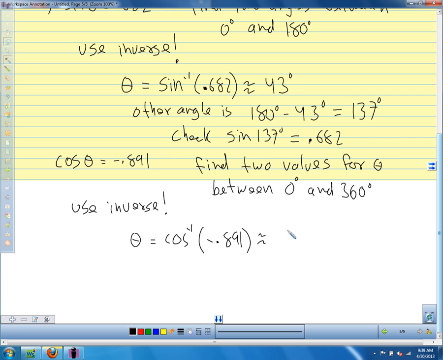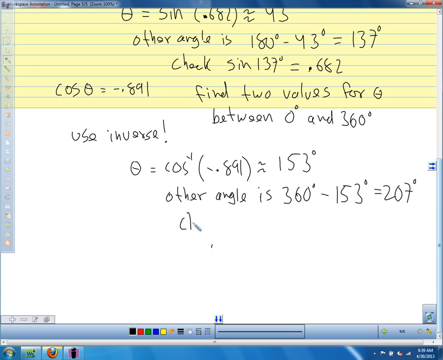Plug that in my calculator. My calculator tells me that that is 153 degrees. Calculator gives me one answer. My other angle is 360 degrees minus 153, which is 207.